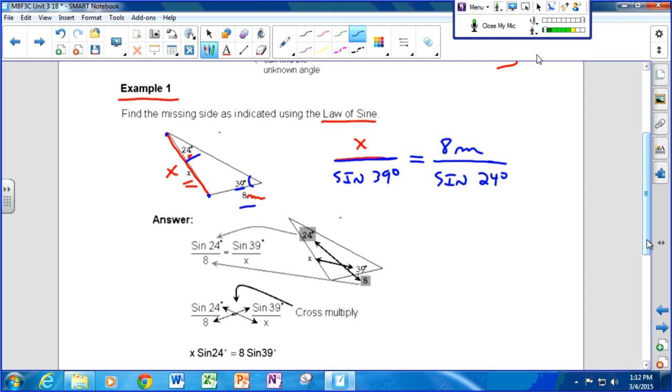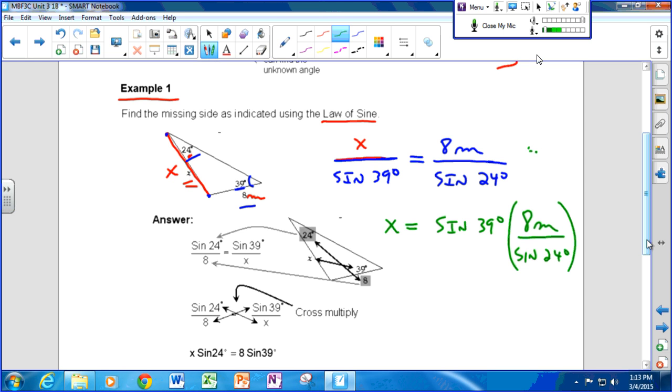So the easiest way to do that is to multiply both sides by sine 39 degrees. And the net effect of that is x equals sine 39 degrees times 8 meters over sine 24 degrees. There you go. Now, you can put the sine 39 on the other side.